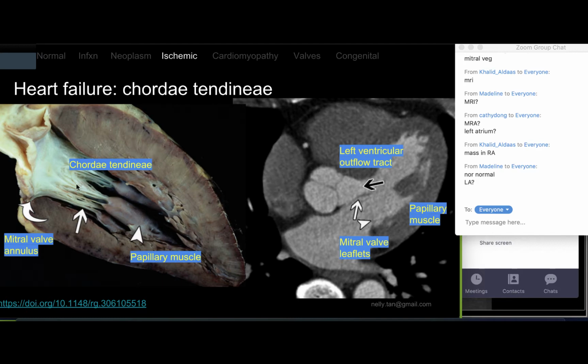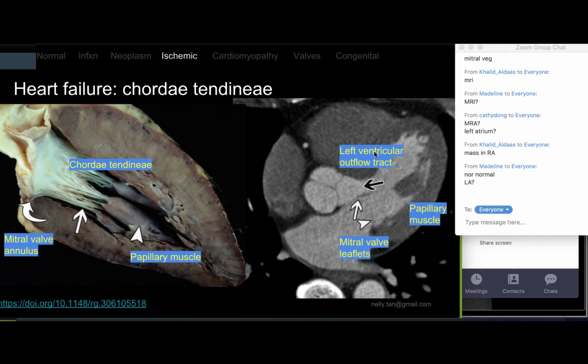So we said that we have the mitral valve, and the chordae tendineae are attached to the papillary muscles. And this is important because if you have papillary muscle rupture, then you can get acute regurgitation. This is cardiac. So you can see the LVOT, left ventricular outflow tract.